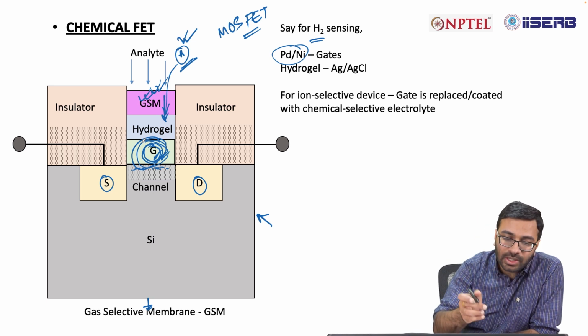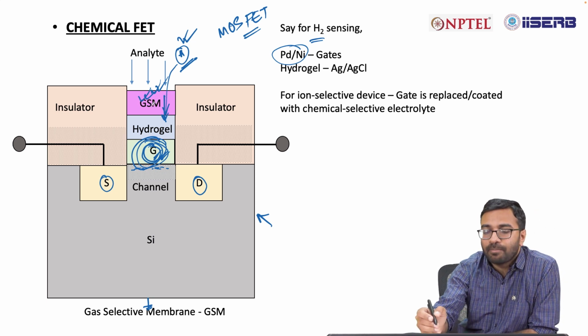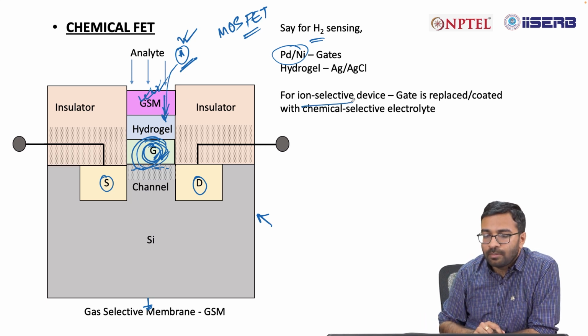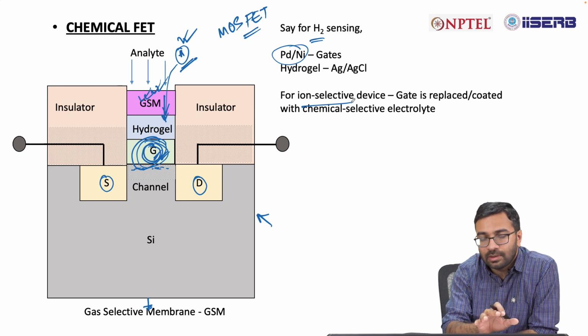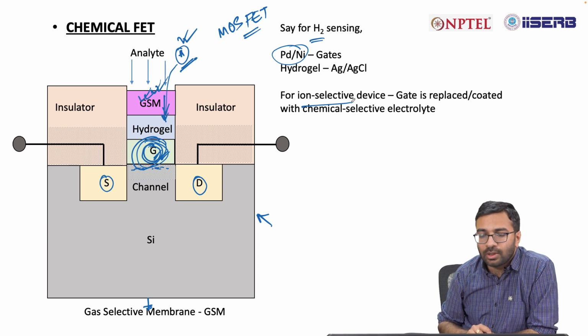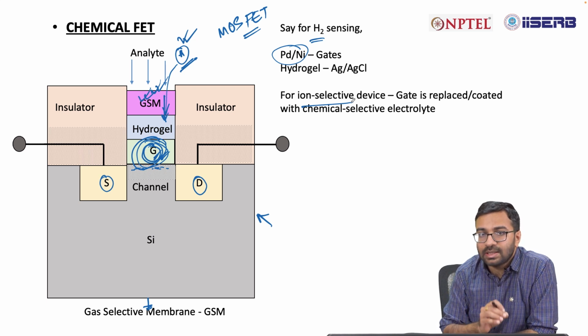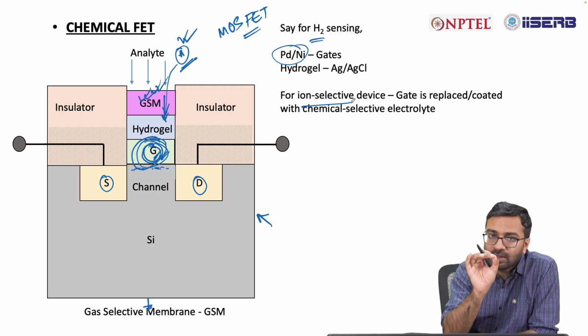So just by replacing the gas selective membrane with an ion selective membrane, you can make it an ion detector in a certain solution. Or the gate itself can be replaced or coated with a chemical selective electrolyte. In that case, it can detect a specific chemical.